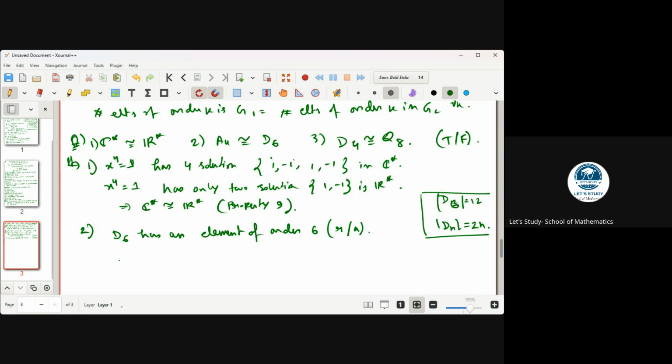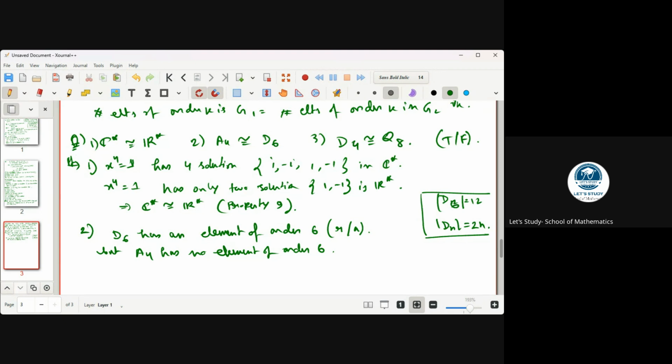But A4 has no element of order 6. Why? What is the maximum order an element of A4 can have, even for S4?